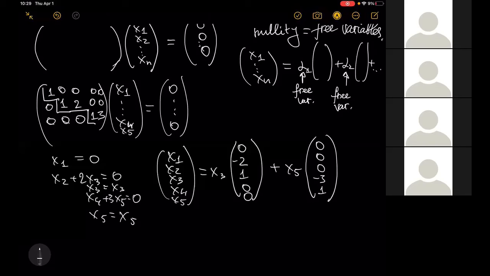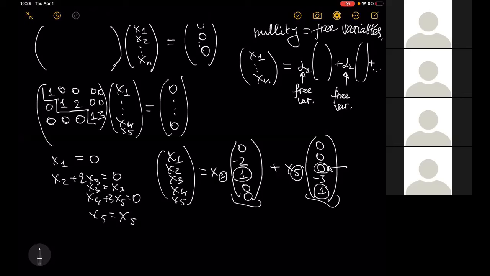Exactly, because these vectors will inevitably be linearly independent. Why? Because you will have 1 at the position corresponding to this index, but here you inevitably will have 0, and 1 at the position corresponding to this index. So there will always be zeros and ones in the positions corresponding to the free variables, so they cannot be linearly dependent.